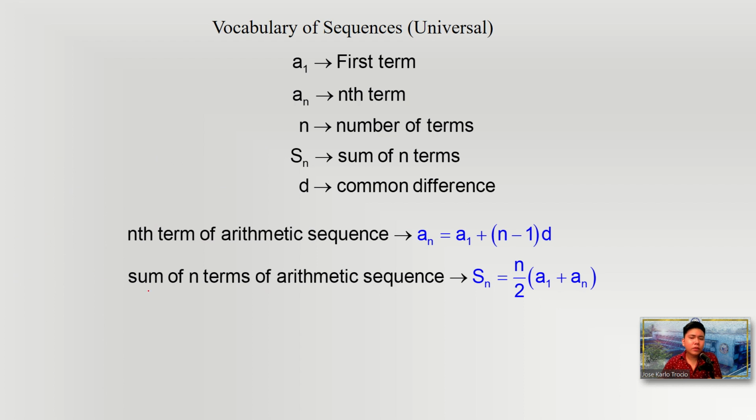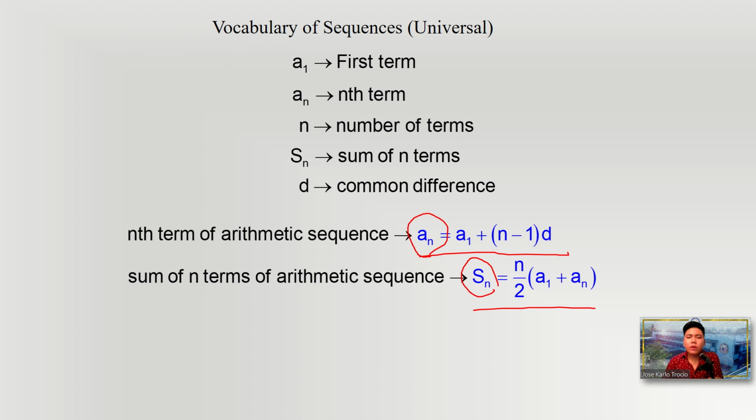Take note of these formulas. You have this and this. This one is used to find the nth term, while this one is used to find the sum. We will have examples later on.